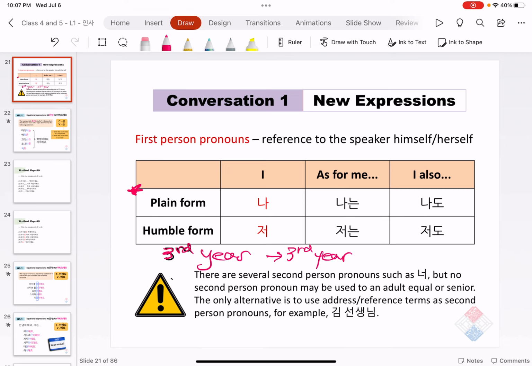And I say, 나는 3학년이야. And then they're going to say, I am also third year. Then they would say, 나도 3학년이야.